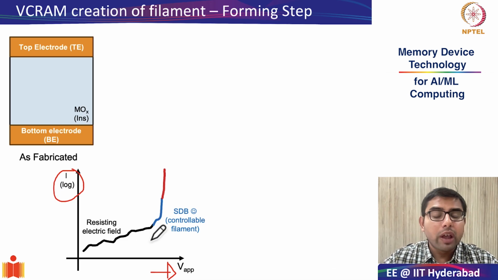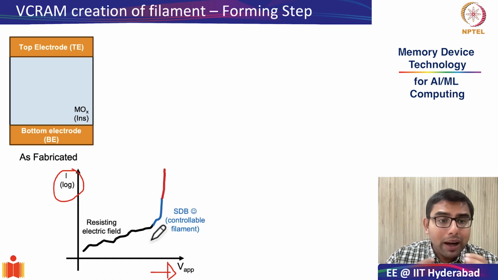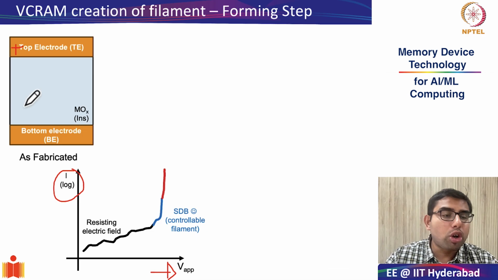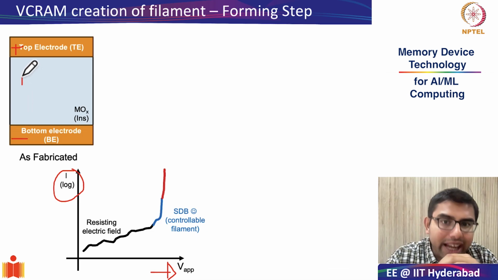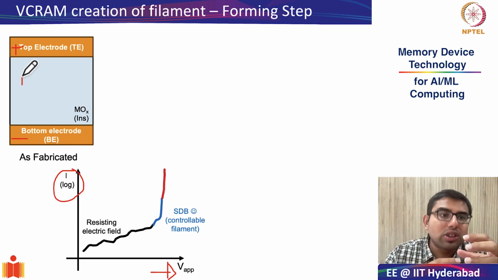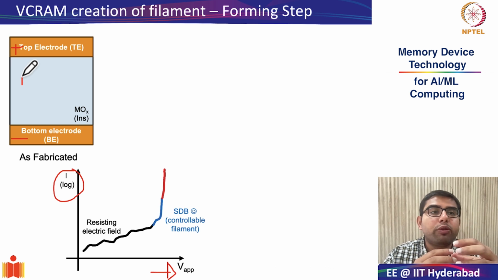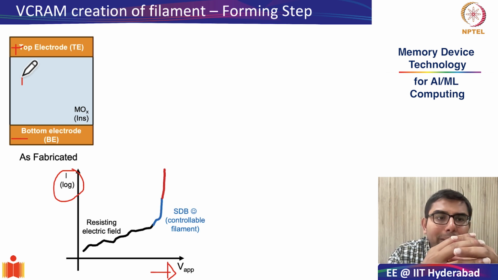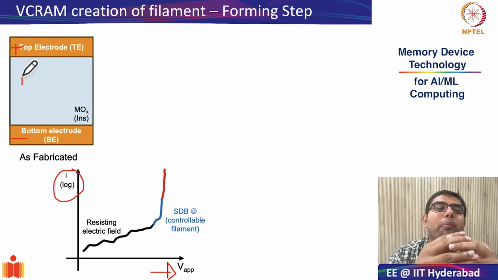This is because when you apply an external electric field, for example, positive bias on the top electrode and negative on the bottom electrode, the anion part will be slightly displaced towards the top electrode, because it is negatively charged and moves slightly towards the positive electrode, and the cation will displace slightly away from the top electrode.